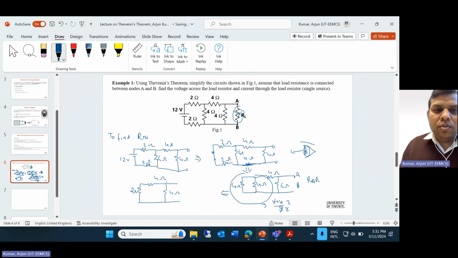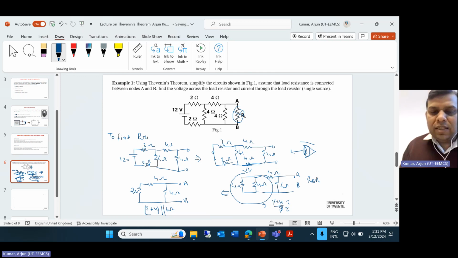Now this 2 ohm and 4 ohm are in series and parallel with this 4 ohm. So you can write this 6 ohm, or you simply write here 2 plus 4 ohm is parallel with the 4 ohm. All right. So this is your RAB here again.